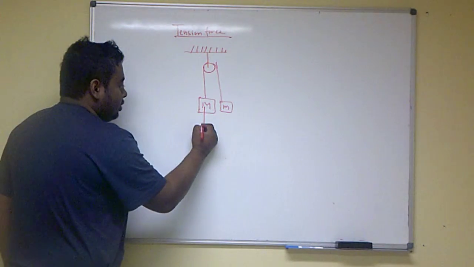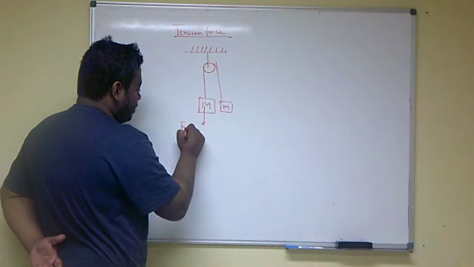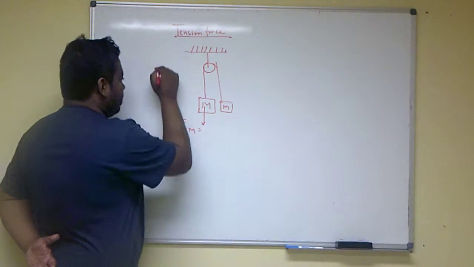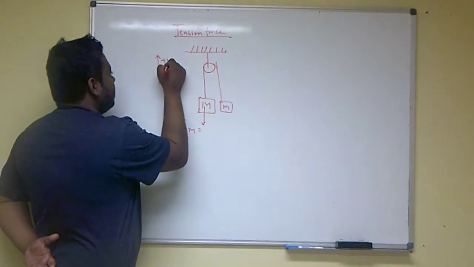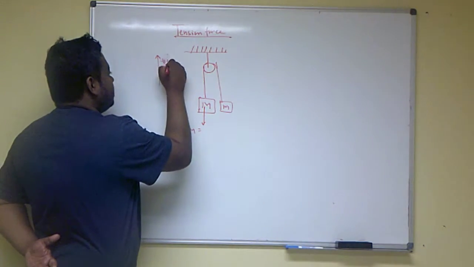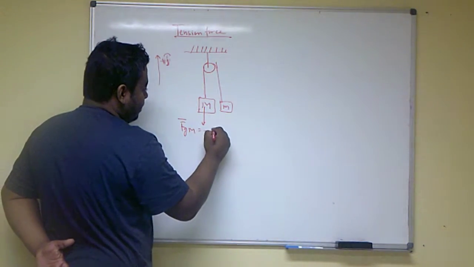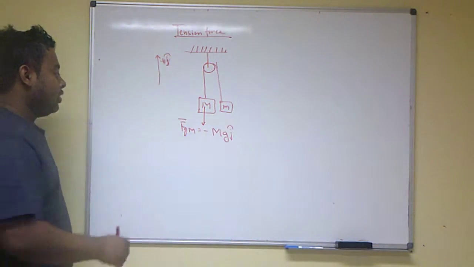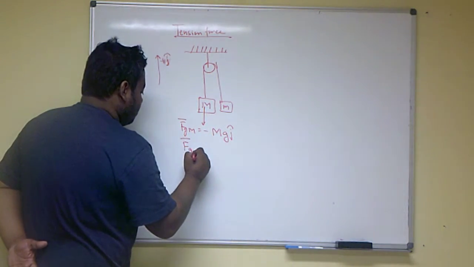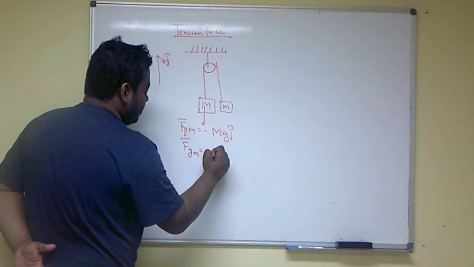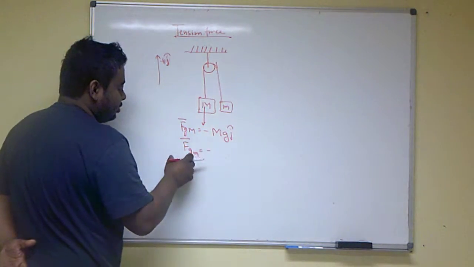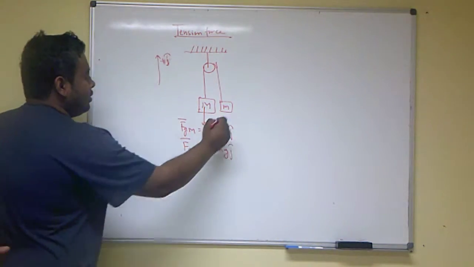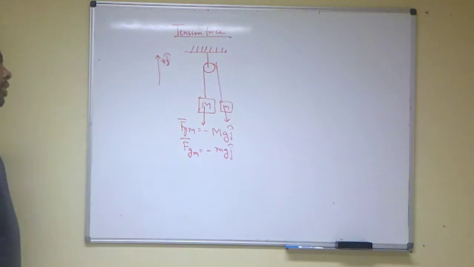The force due to gravity exerted by capital mass M is going to be minus M g j cap, because it's in the negative direction. The force of acceleration due to gravity due to small mass m is going to be minus m g j cap.